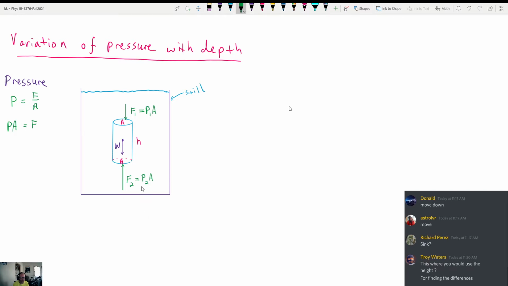What's the relationship between these two different pressures right here? What's the relationship between the pressure at the bottom, P2, and the pressure at the top, P1? That's our question here. That's what we'd like to answer.